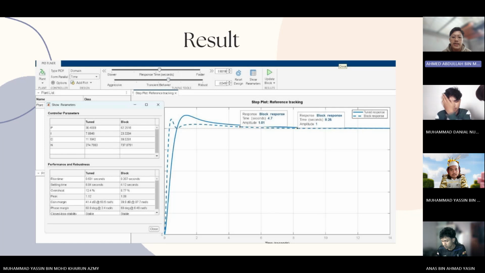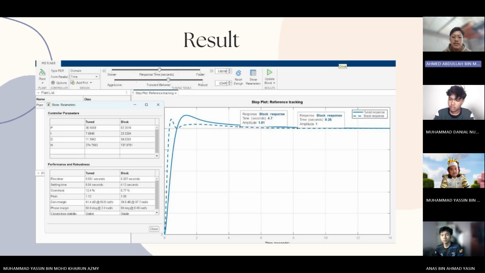Using the MATLAB PID tuner, the controller parameters KP, KI, and KD were adjusted for the PID. The simulation results confirmed that all criteria were met.